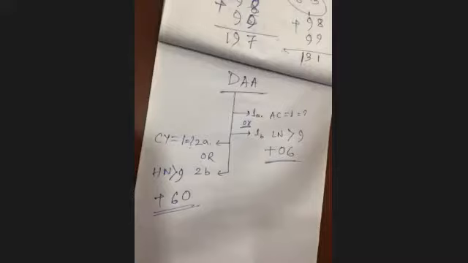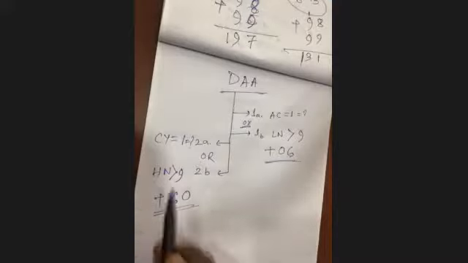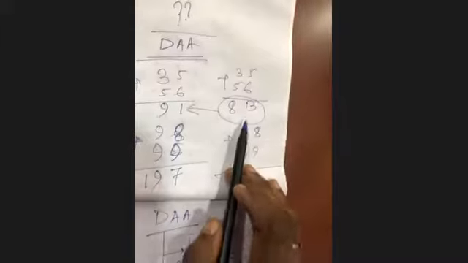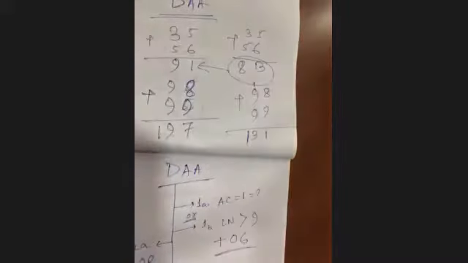It will be 1, 0, which in decimal means 16. So 16 minus 10, what is the gap? 6. That's why 6. Similarly for the higher nibble also. Let's see the answer of the first one. 8B.